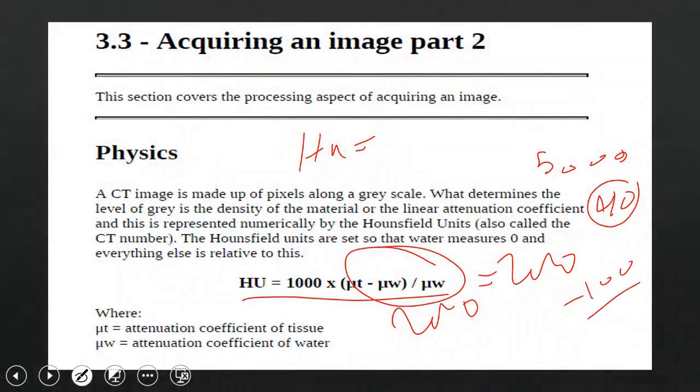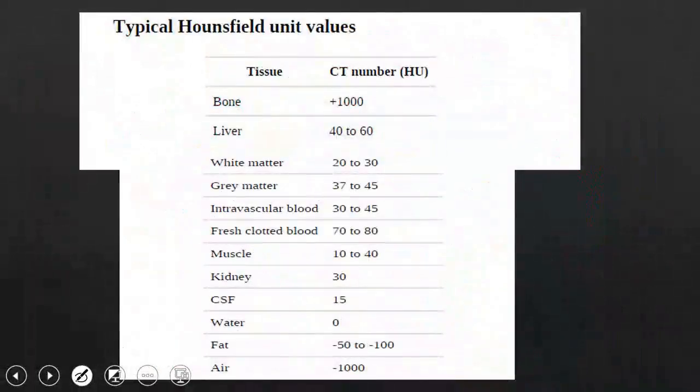You will always find that the attenuation that is less than water comes out negative because in this equation, the attenuation of the tissue, water, is greater than that of the other tissues, which is why water has a negative sign. You all know these numbers better than I do.